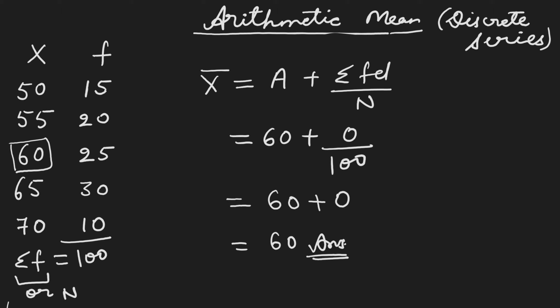Now we will see the next method, that is the step deviation method, in the same question, and we will find out that the step deviation method will also give us the same answer for the arithmetic mean.